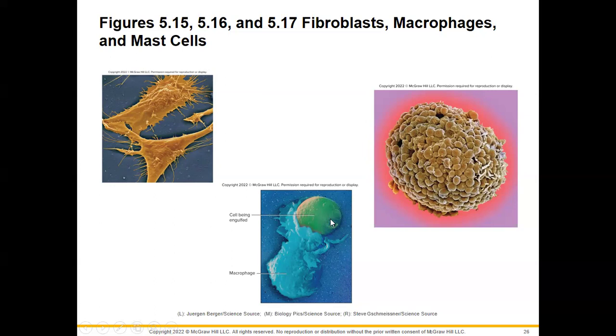So you see you have a cell here that the body apparently doesn't like, whether it's because it's a bacteria cell or some other type of invading cell, or maybe it's just old and it's not functioning the way it's supposed to. This macrophage is going around it to engulf it, to eat it up.